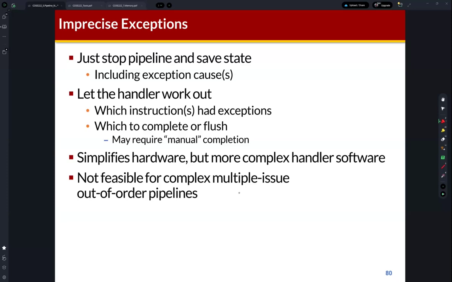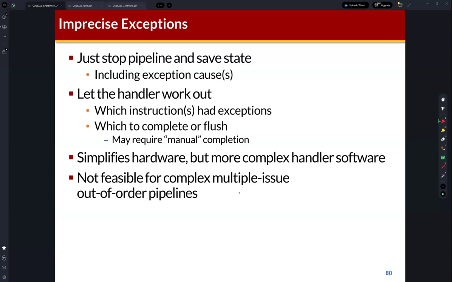It is usually required that a CPU supports precise exceptions, but sometimes CPUs cannot support precise exceptions, and this case is called imprecise exceptions.